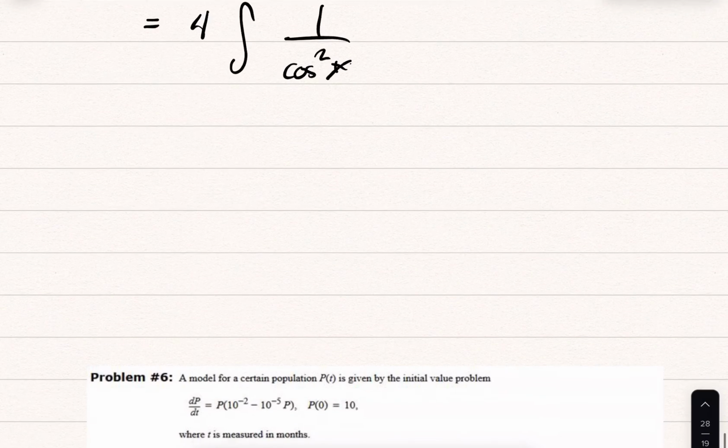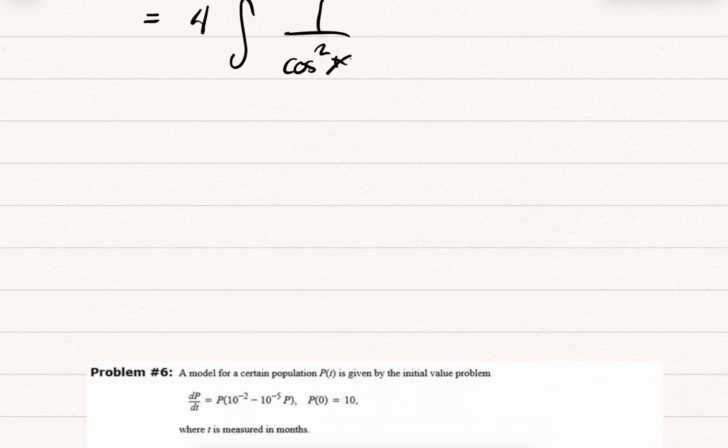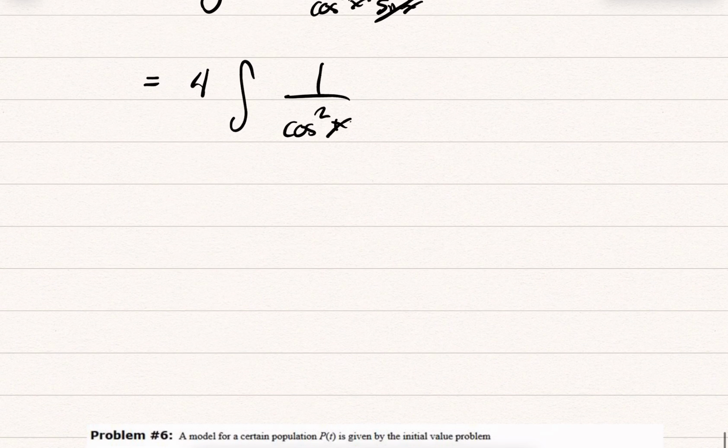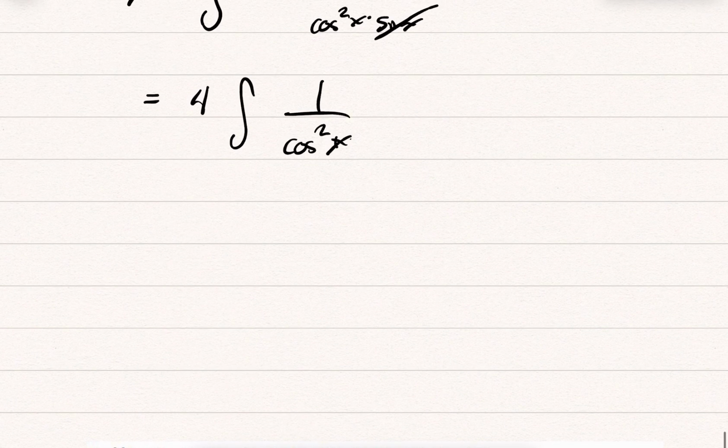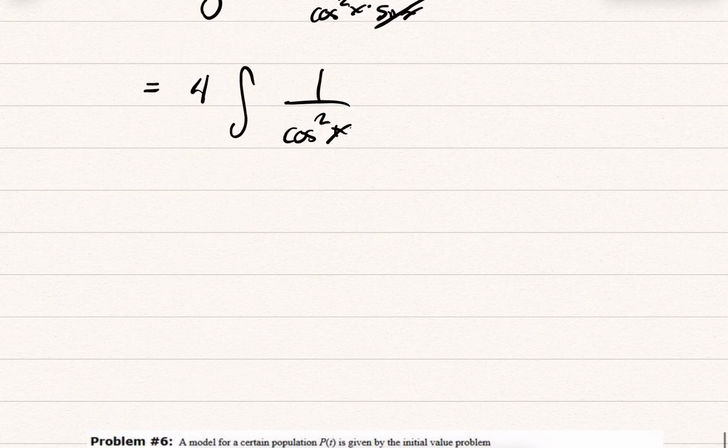Okay. Now, at this point, okay, I get a little bit lost right here, but if you know it, then we're just going to go with it. The integral of secant squared x, this is the one that I said was stupid, equals tan x plus c.